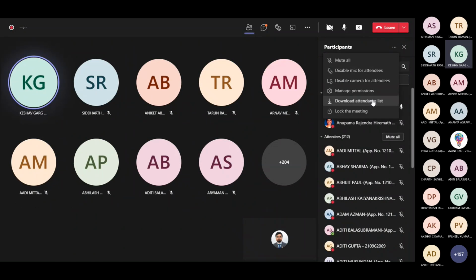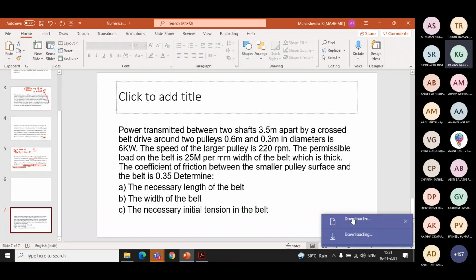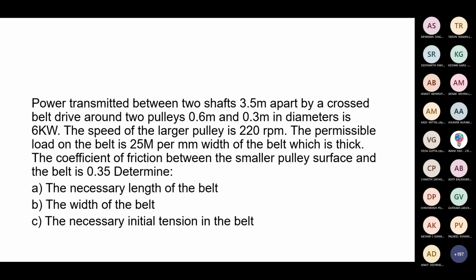Can you please show the question once again? One second. Note down the question. So can we leave if we've noted it down? Yeah, if you noted, you can leave.